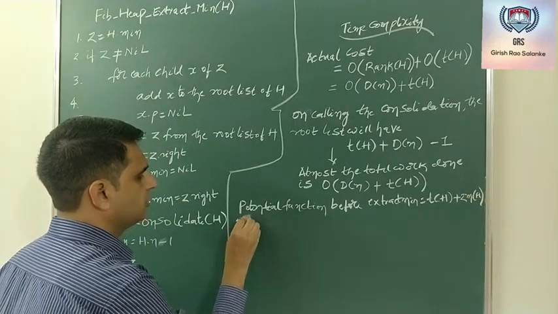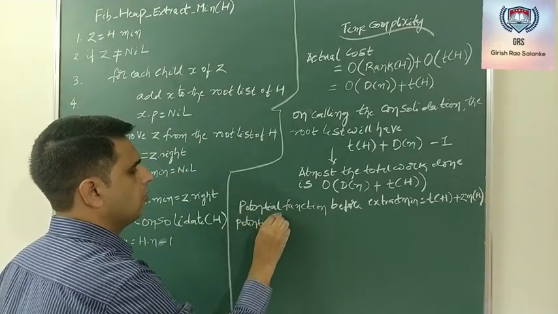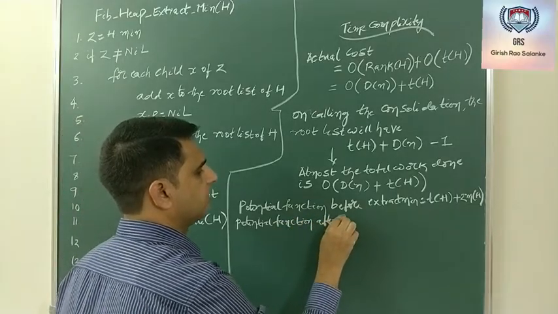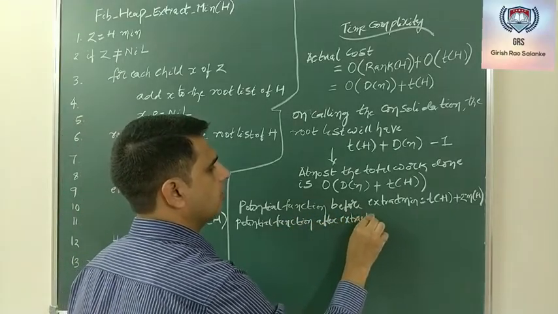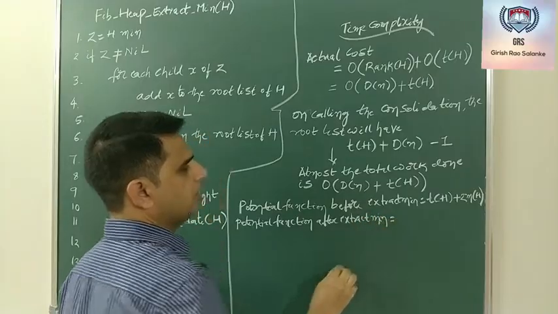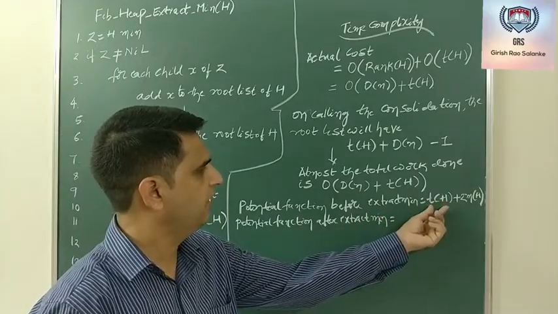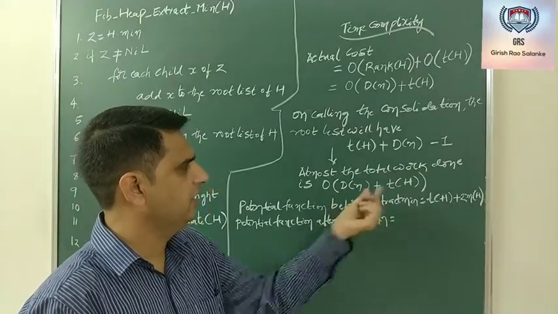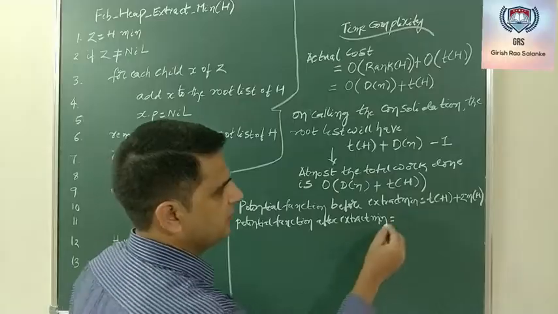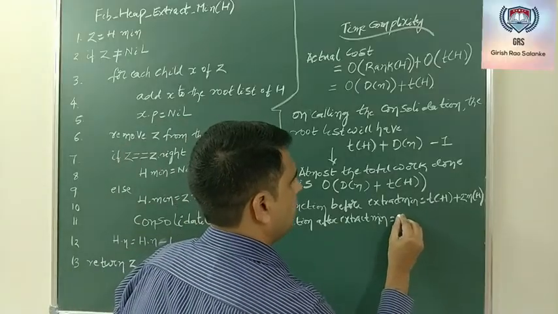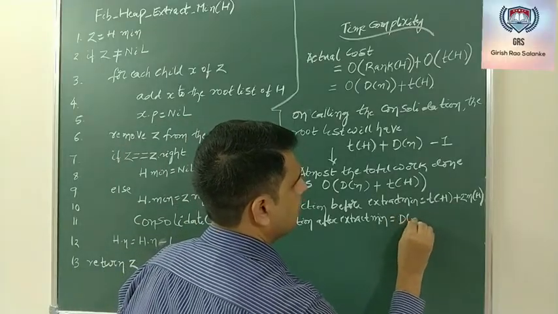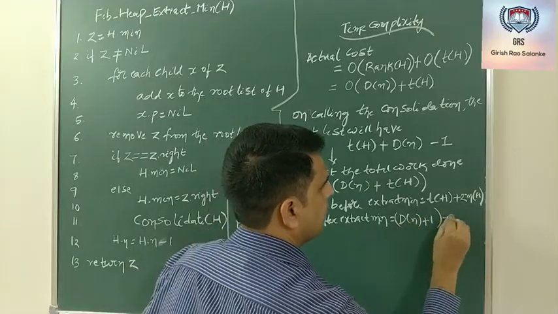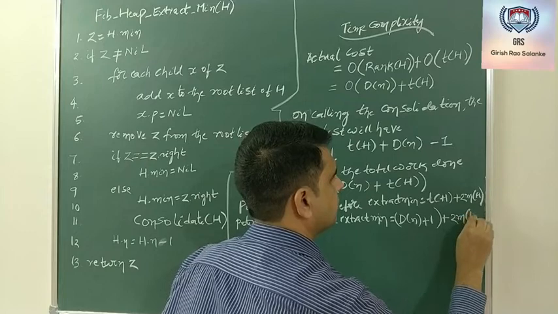Now the potential function after extract min: this T of h, if you see, is d of n plus T of h, so this becomes d of n plus 1 plus twice of m of h.